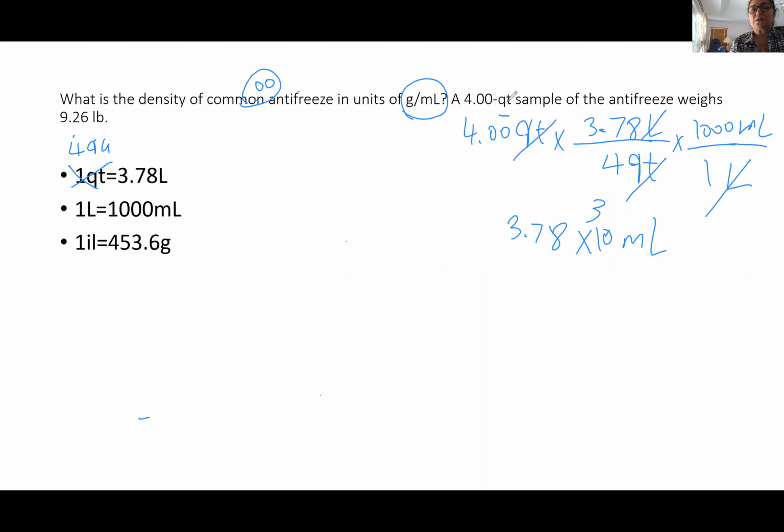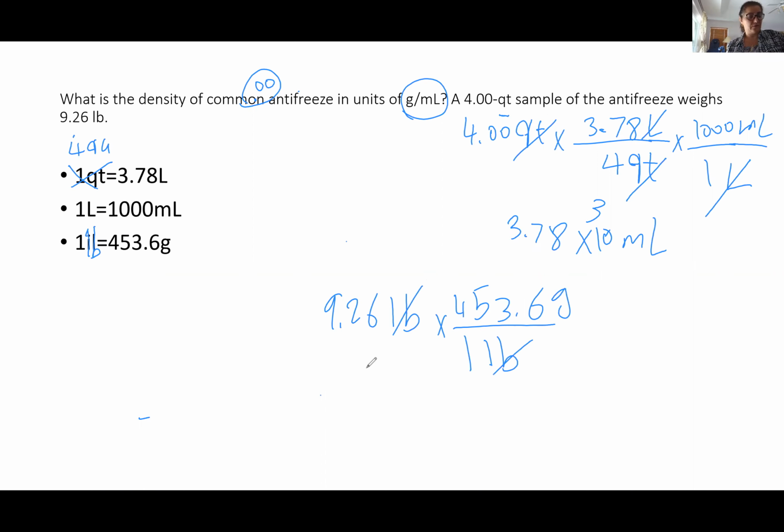And you want to change the mass, 9.26 pound to gram. Every 1 pound, LB is for pound, so this is supposed to be LB here, is 453.6 grams. So we have to do this math first.